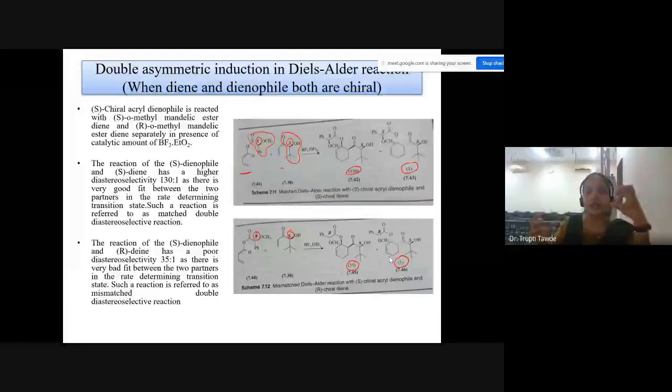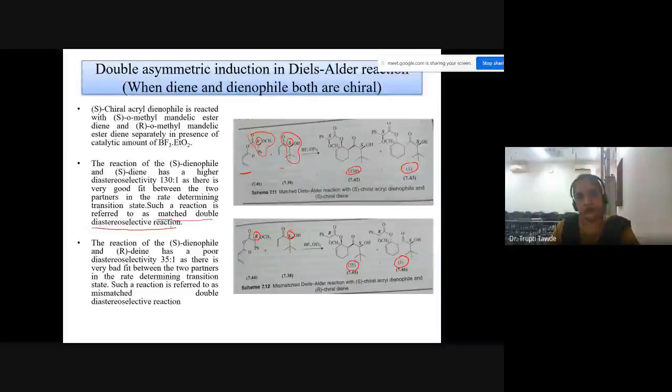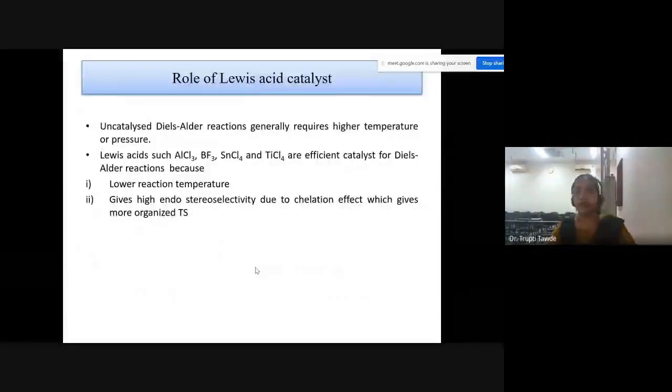So when this kind of combination matches and you get a better stereo selectivity, we call that a matched double diastereo selective reaction. Okay, and the second example, where the compatibility of both is not proper, because of which we did not get the stereo selection, so we call that a mismatched double diastereo selective reaction. Now I am going for the last approach of the Diels-Alder reaction.